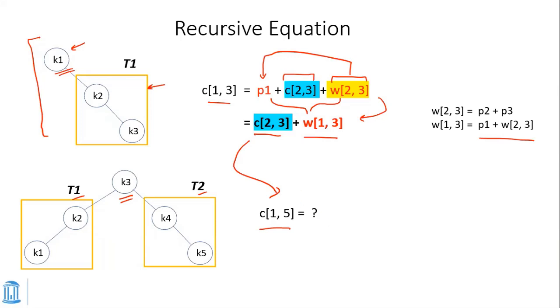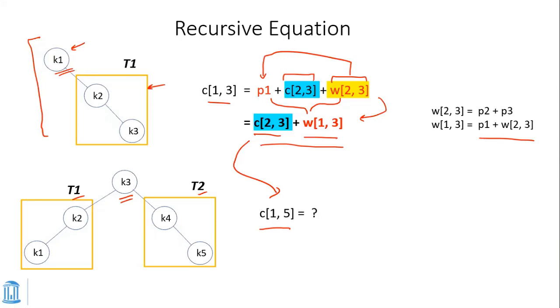Can somebody tell me what the recursive solution would be for the more general case? Hopefully you can see that in the earlier case, we took the cost of the right substructure plus the weight of the entire tree.